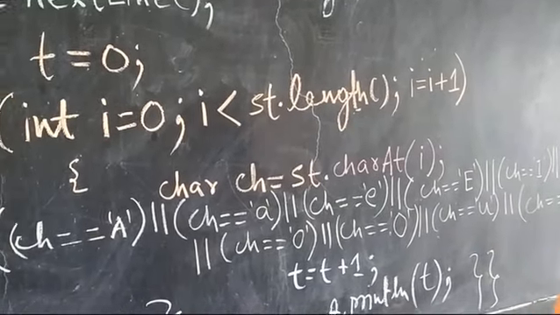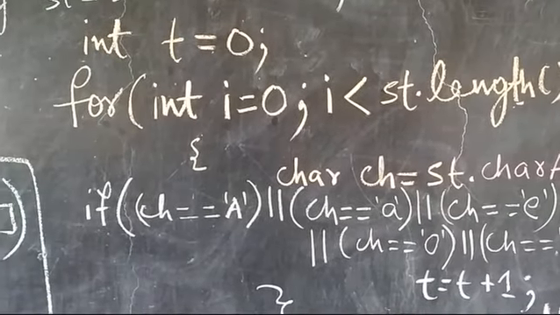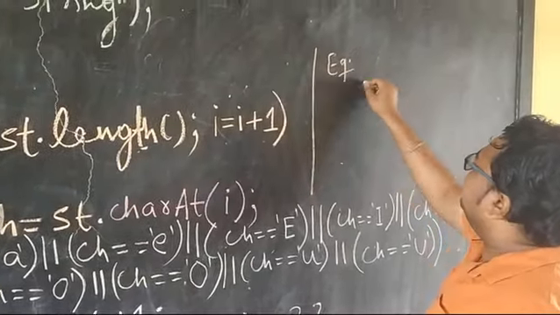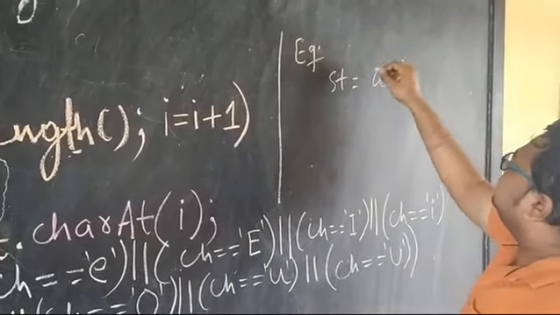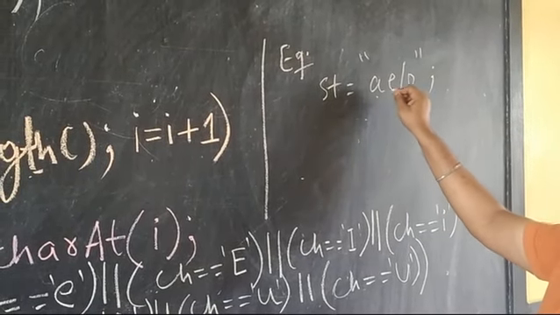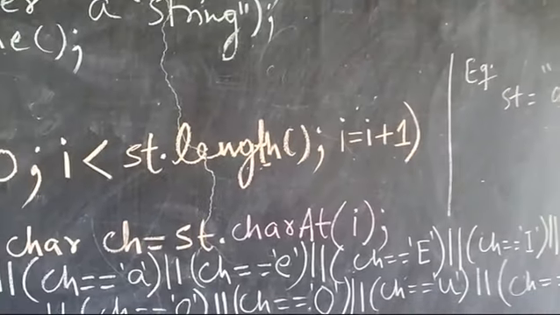For example, I am taking one string. If the value of st is AELO, this is the value of st. The length is what? 1, 2, 3, 4. Length is the number of elements, so that means 4.